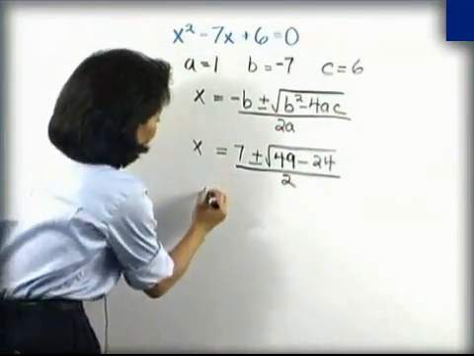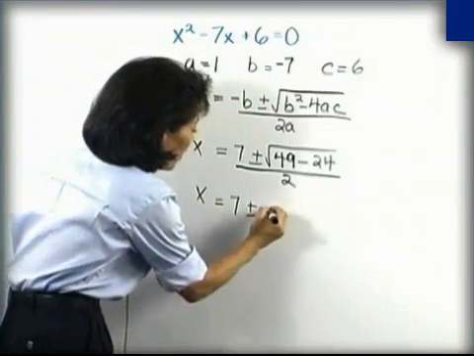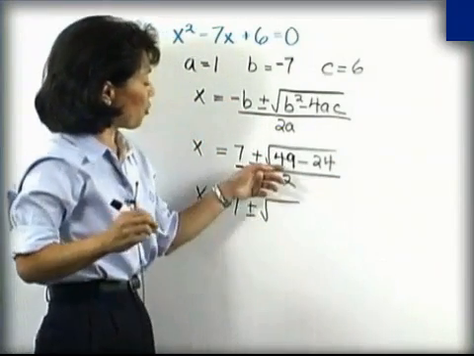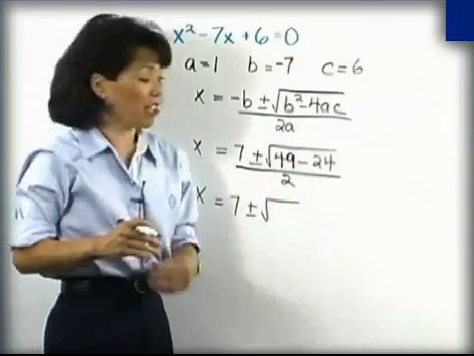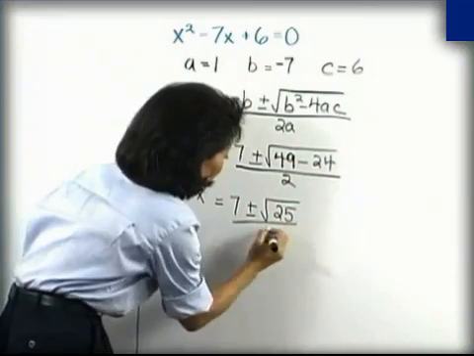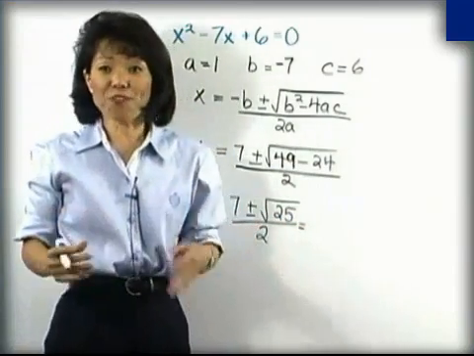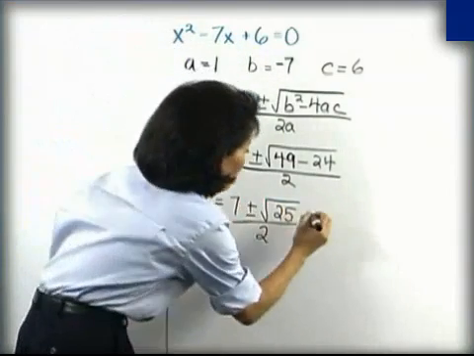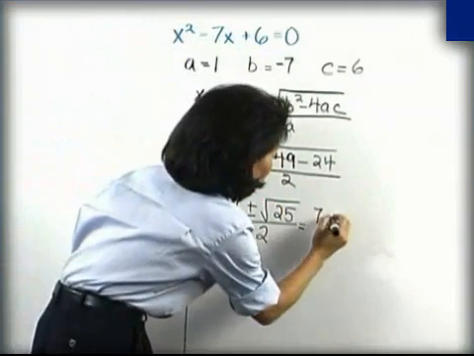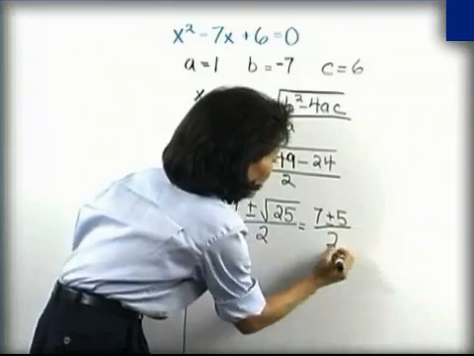So here we have x equals 7 plus or minus the square root of 49 minus 24, which is simply 25, all over 2. But we know that the square root of 25, which is a perfect square, is simply 5. So we get 7 plus or minus 5 all over 2.